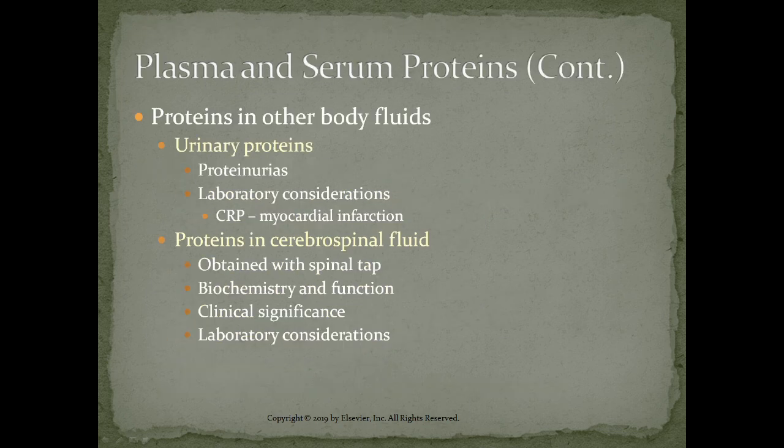So, plasma and serum protein. When we talk about the clinical significance, the importance of knowing what we're testing for and why, proteins tell us an awful lot. Urinary proteins, for example, tell us things about urinary tract infection. CRP, C-reactive protein, just tells us if a person is having a heart attack, myocardial infarction, sorry.